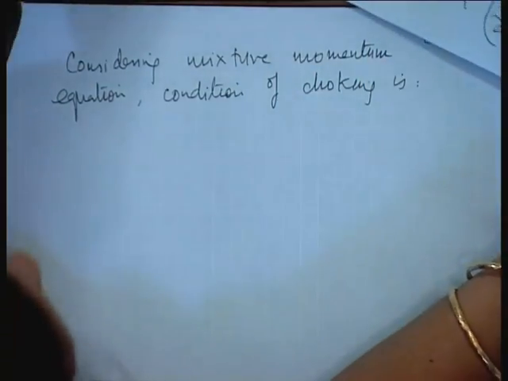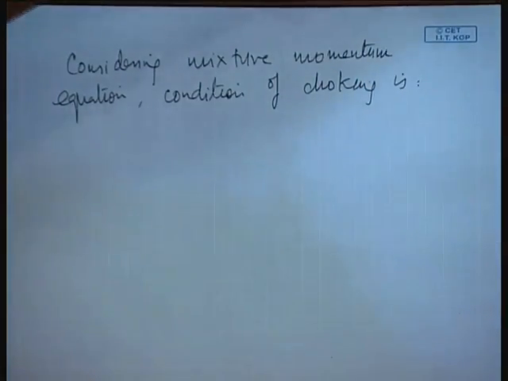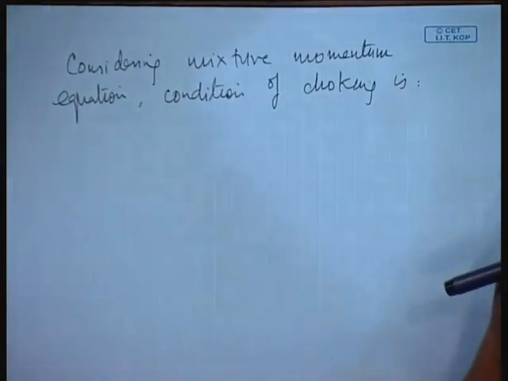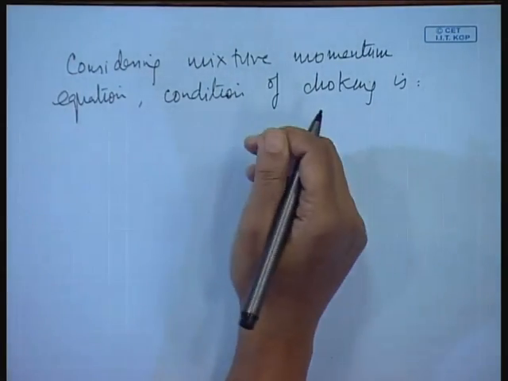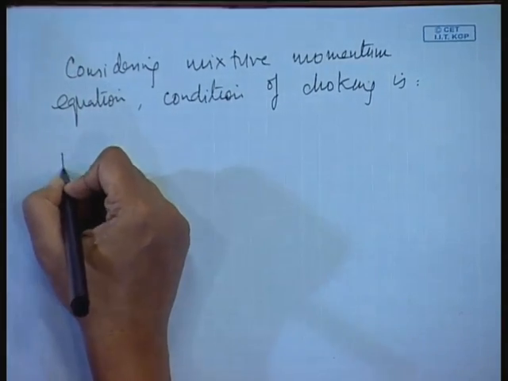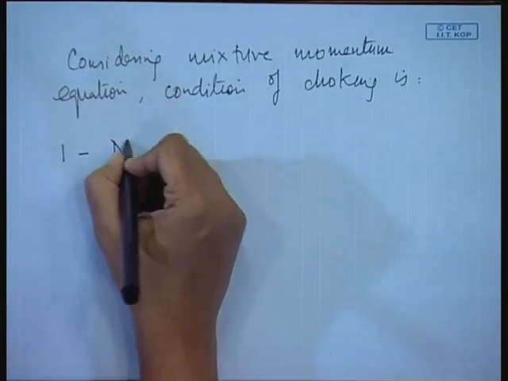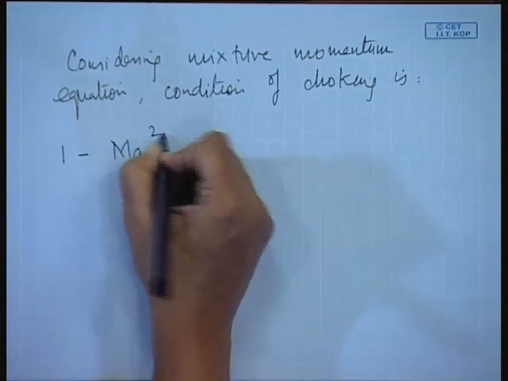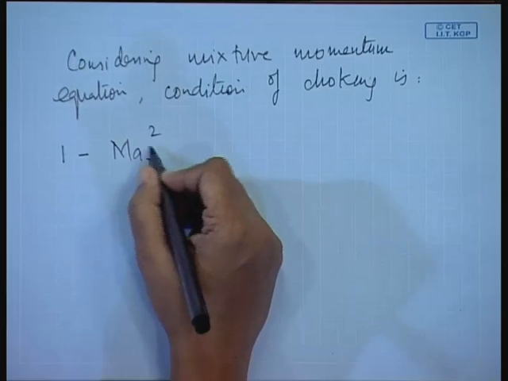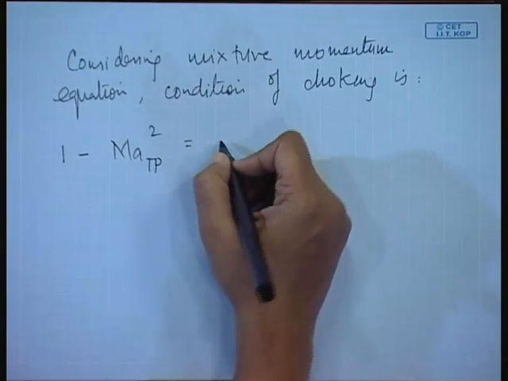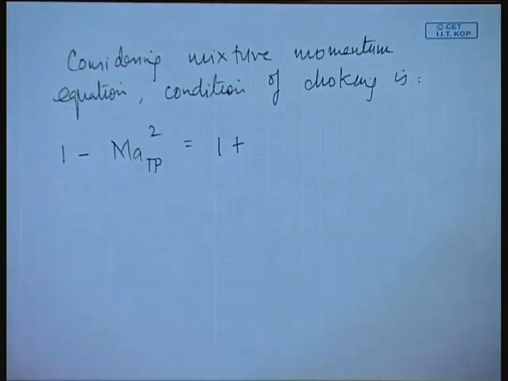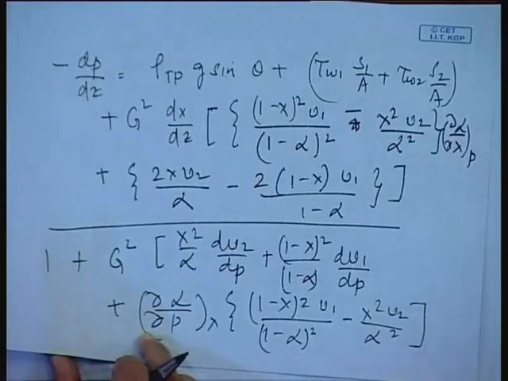What is the condition of choking in this case? We find that naturally this becomes 1 minus MATP square, where this is the two-phase Mach number. This should be equal to the denominator which I had obtained in this particular case.